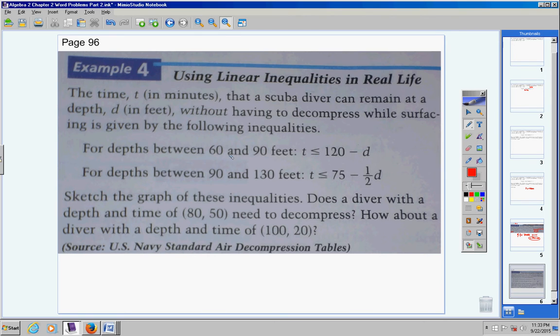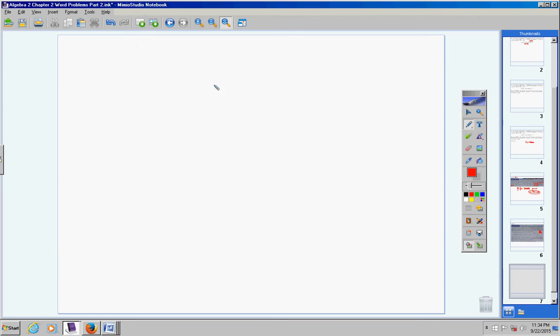I'm going to put in 60 to 90. So for this graph right here, I'm going to make a table of values. I'm going to put in 60 and 90. That'll give me a straight line because my two starting and ending numbers are 60 and 90. So put in 60 and you get out 60. Put in 90 and you get out 30. Alright, so I'll go to another page here. We'll go by tens, I guess.